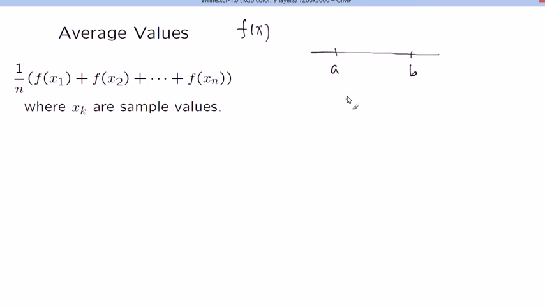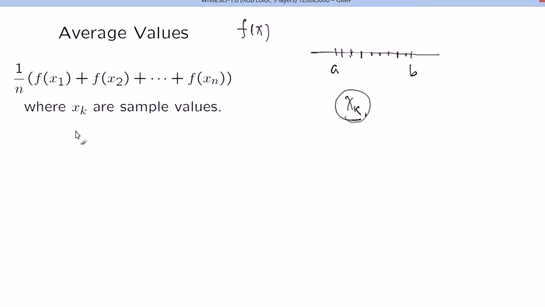We sample many xk values in here, not regularly, but fairly evenly spread apart. Suppose you collected 500 values, and you have all these function values out of it. What is the average value? You add all these function values and then divide by the number of data we added up, n. That would be the average value.